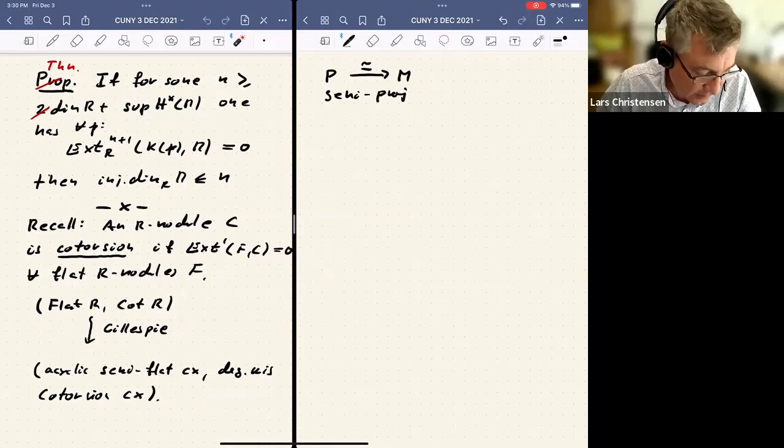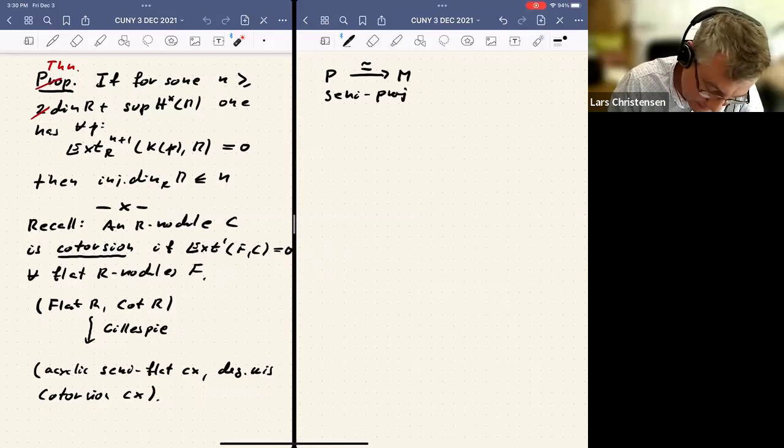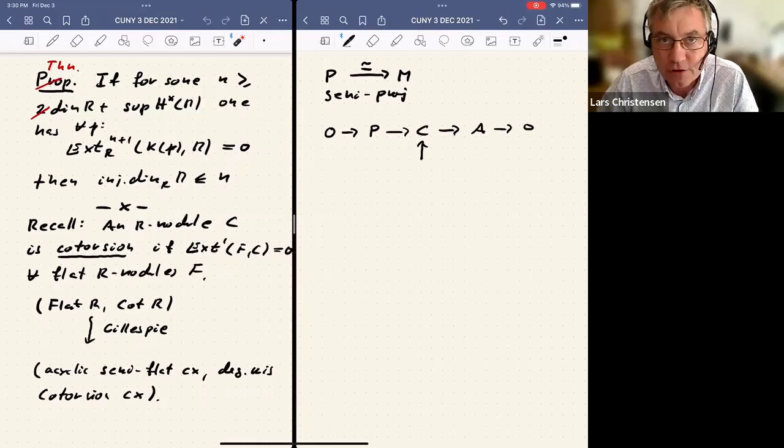But now do something else. Now take that replacement and use the fact that you have a cotorsion pair on the category of complexes. What Gillespie shows is that whenever you have a cotorsion pair in the category of modules, you can use it to do approximations.